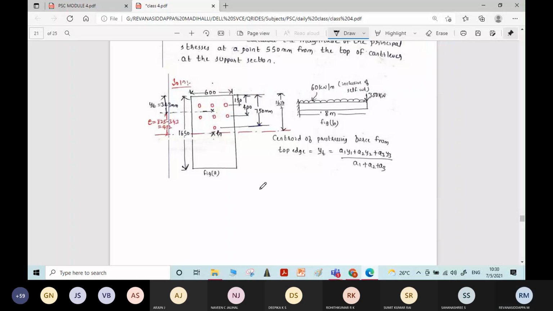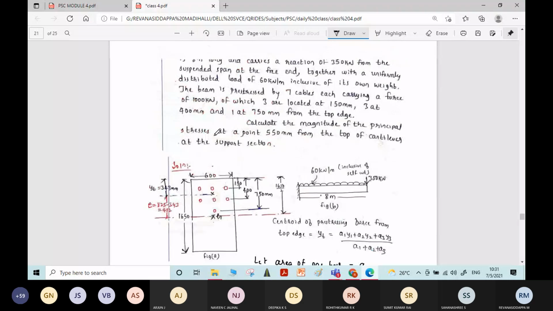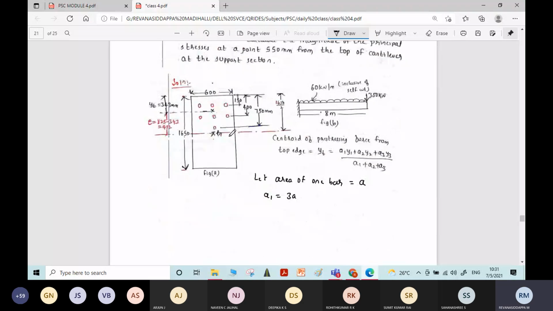What we'll do is we'll assume the area of 1 bar be A. So there are 3 bars in the first row, therefore A1 becomes 3A. All the bars are having the same diameter. If you assume the area of 1 bar as A, the area of the first row of bars is 3A.